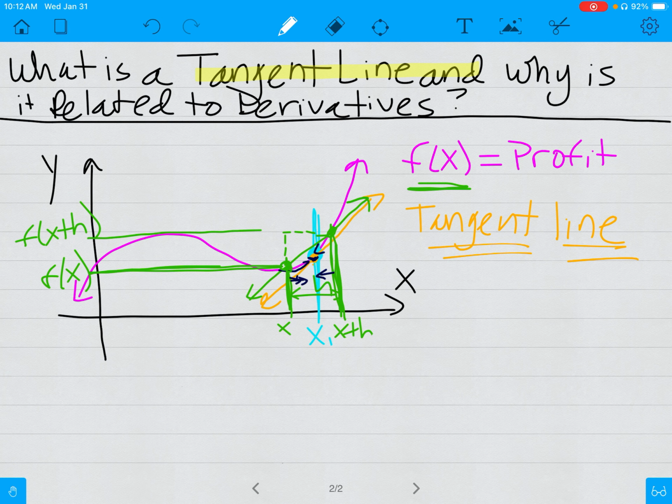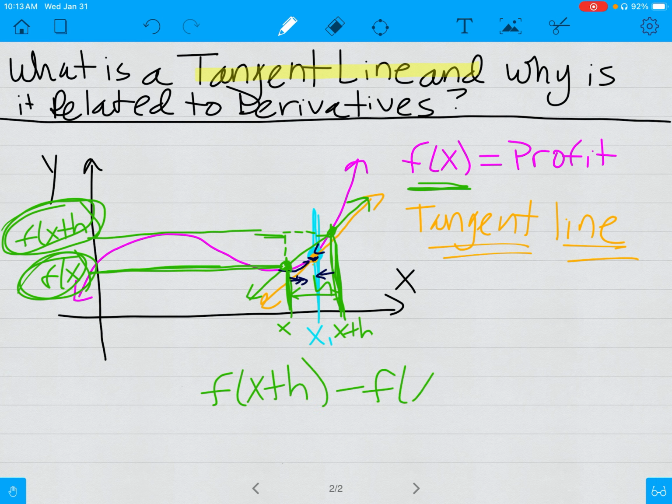Those are my two y values. Now, how do I find how much we rose? Well, we take the higher y value and subtract the lower y value: f of x plus h minus f of x, and that's our rise. That's the change in y.